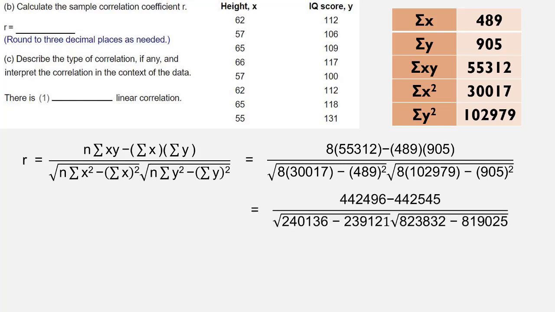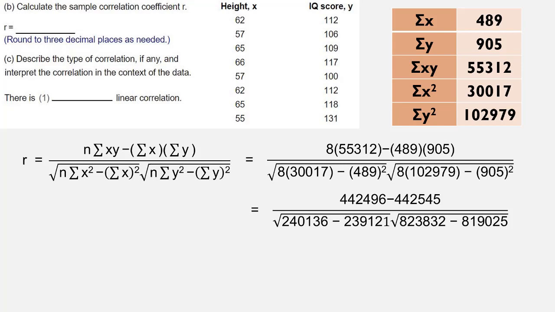So 8 times 55,312 is 442,496. 489 times 905 is 442,545. 8 times 30,017 is 240,136. 489 squared is 239,121. 8 times 102,979 is 823,832. And 905 squared is 819,025.